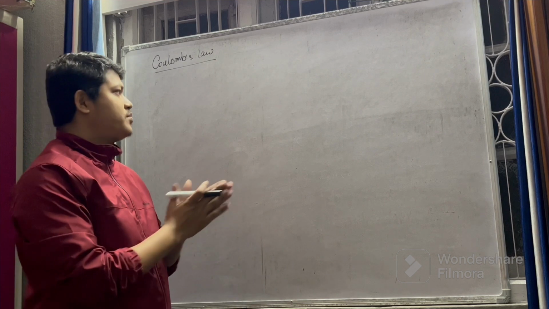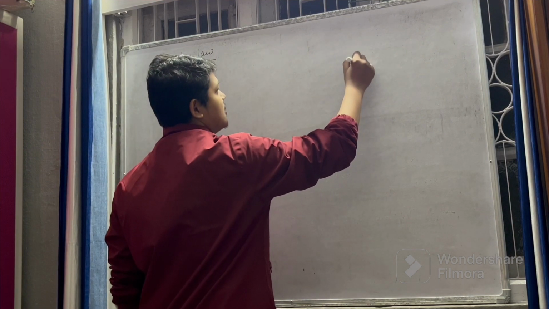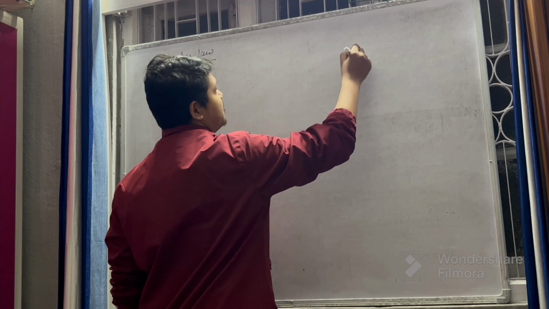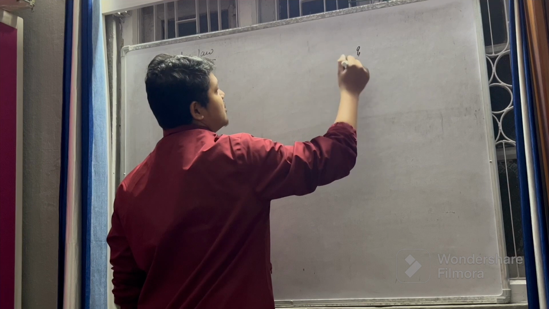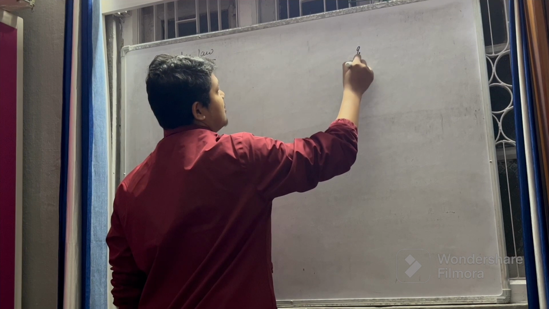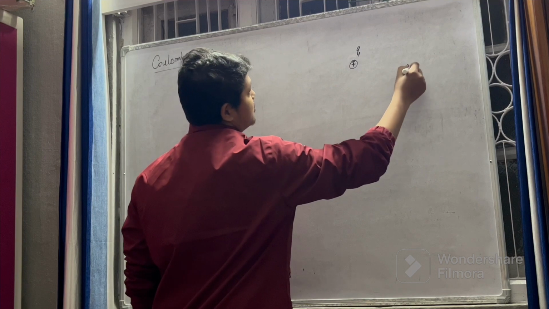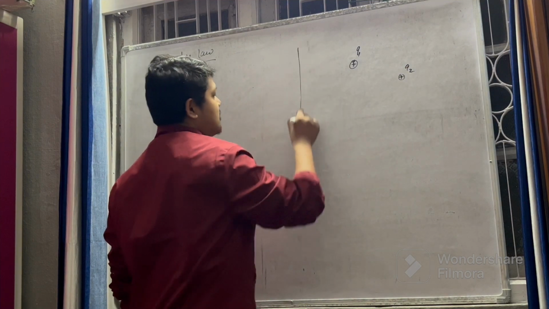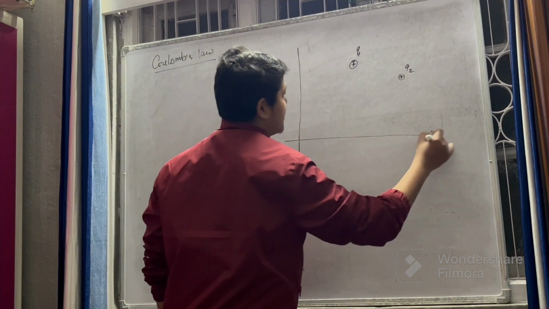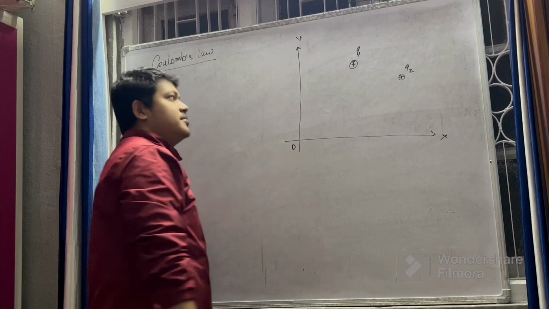Now you see, let us consider Q1. This is a positively charged particle Q1. There is another positive charge Q2, and they are in this Cartesian system X, Y, and this is the origin O, right?